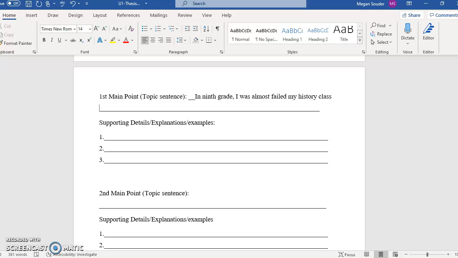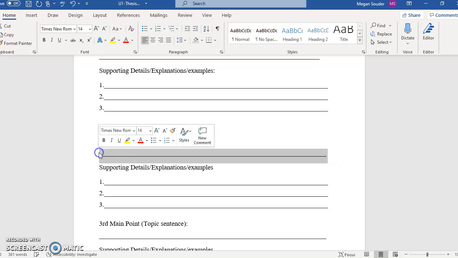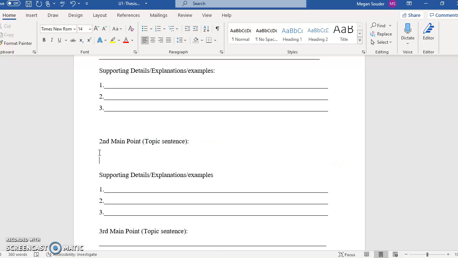Simple, to the point. You don't have to go into too much detail because that's what this is down here for. So you'll go more into depths about the obstacles you faced in your history class, which led to your failing. How did failing affect you? So you'll say in the topic sentence, my low grade in history affected my self-esteem and grade point average.